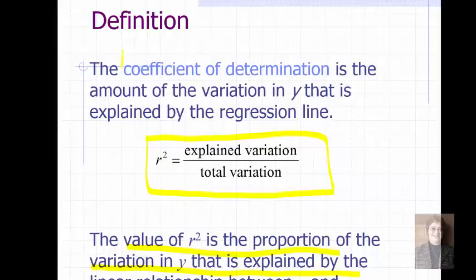In the last lecture, I couldn't remember that this was called the coefficient of determination. So r squared is also called the coefficient of determination. And sometimes in the literature, you're going to see it written as a capital R squared. It means the same thing.